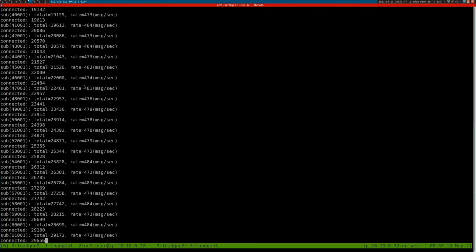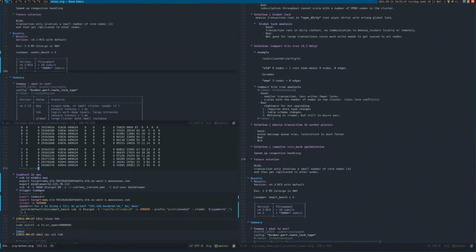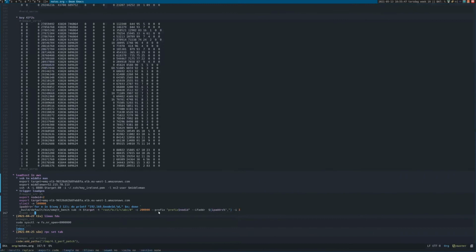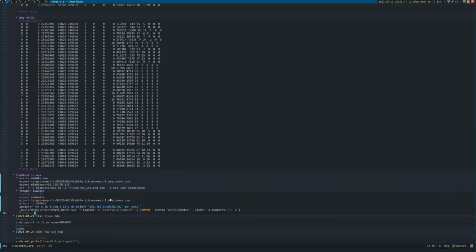With this command, I'm using load gen in QTD bench, and it subscribes to this topic, and the topic has this root prefix, which means it will use its client ID.